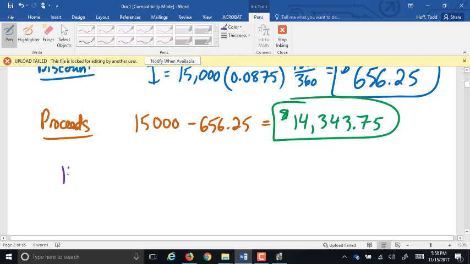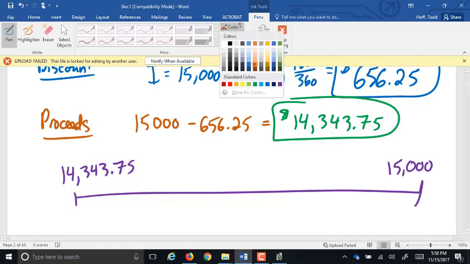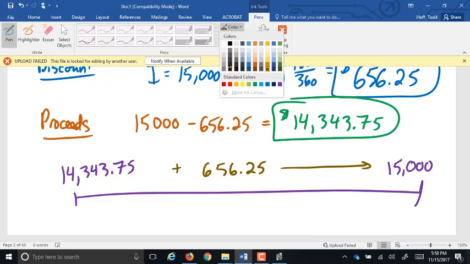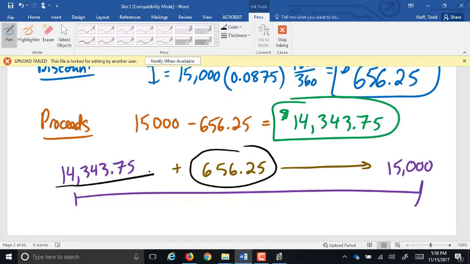Because really, if we're starting with $14,343.75 and we're paying back $15,000, what we are adding to this is that $656.25. This $656.25 is more than 8.75% of the amount of money we get. Does that make sense?